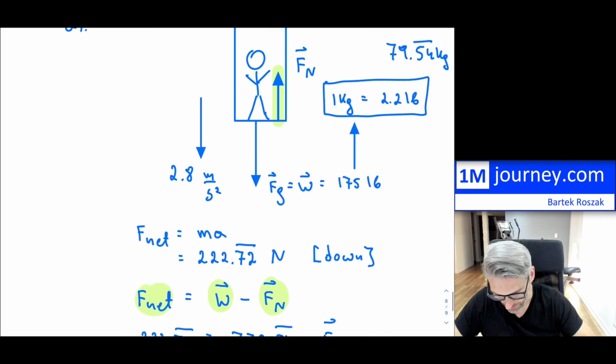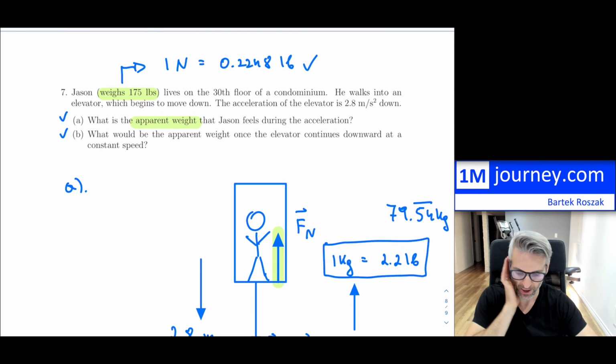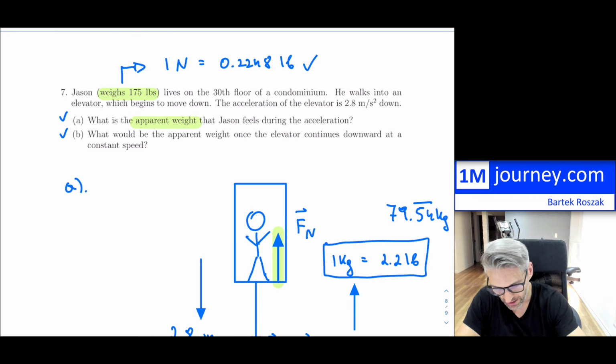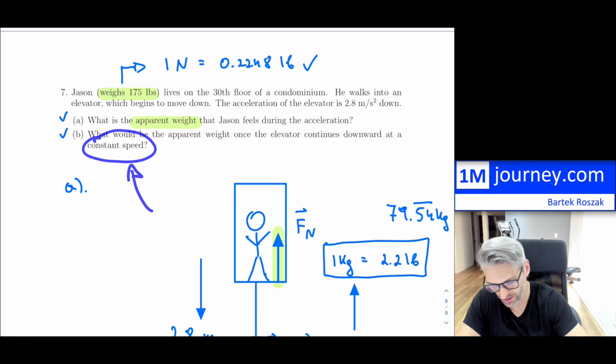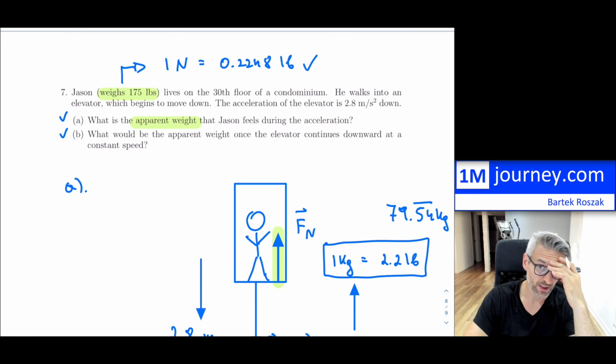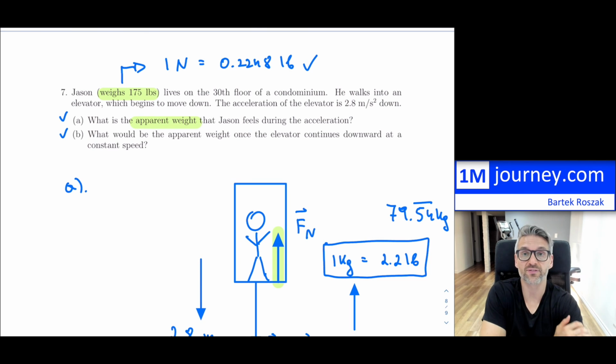Now for part B, what would be the apparent weight once the elevator continues downward at a constant speed? For this, you don't need any actual computation. Constant speed means you're under Newton's first law. Under Newton's first law, F net is equal to 0, which means that your net forces cancel each other off.